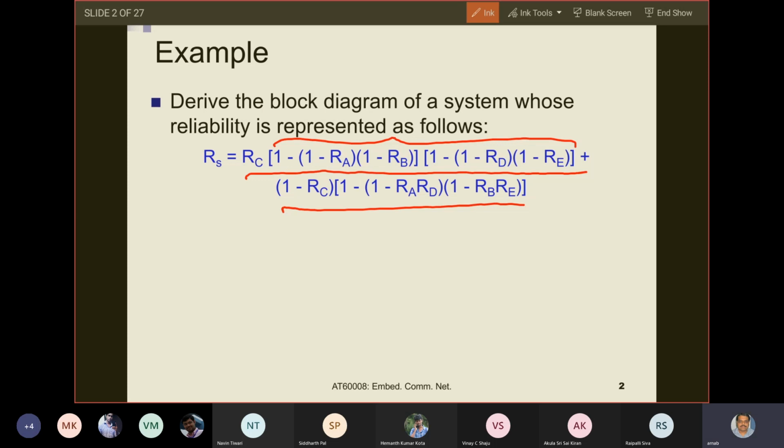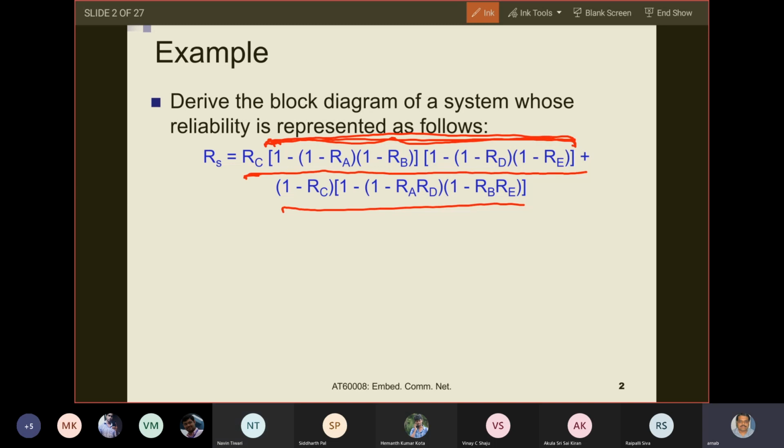So you need to multiply with the reliability of RC. Otherwise, whatever you have said is correct. This part is saying that if RC is certainly working, then the probability that the system is working, given RC is working, is this part. Fine? Any doubts? Yes, sir.